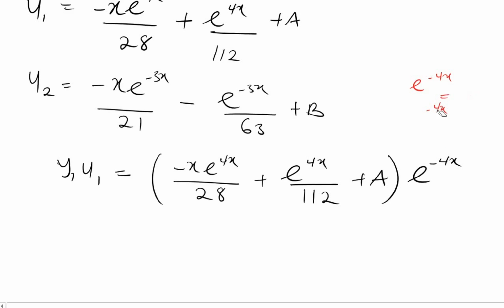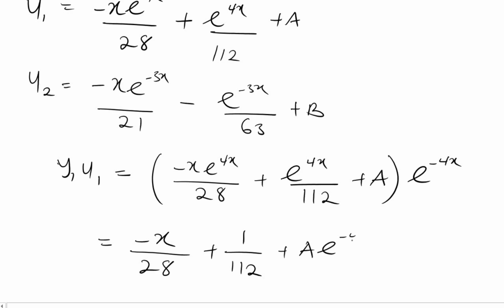Before we go into multiplying y1 and u1. So multiplying y1 and u1, you will have minus x over 28 plus exponential 4x times exponential of negative 4x, which is just the same thing as exponential 4x over exponential 4x, which is 1 over 112, then plus a exponential of negative 4x. This is y1 u1.